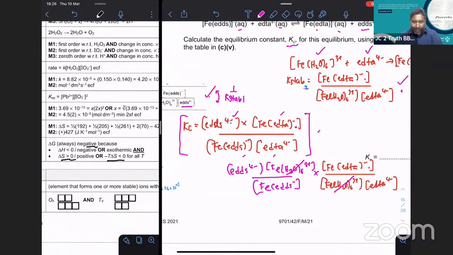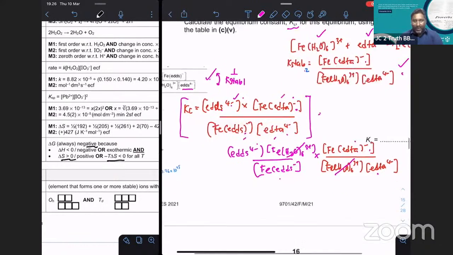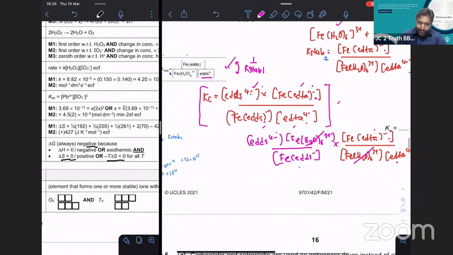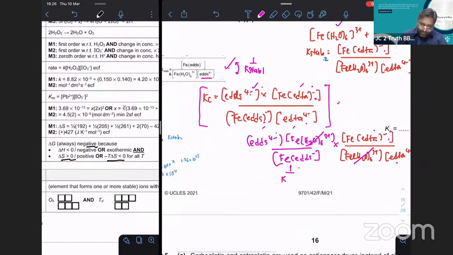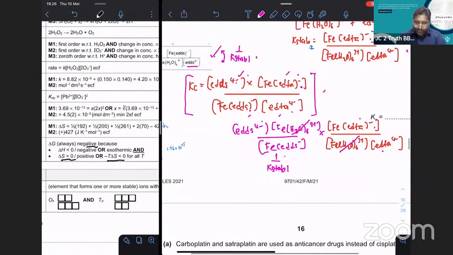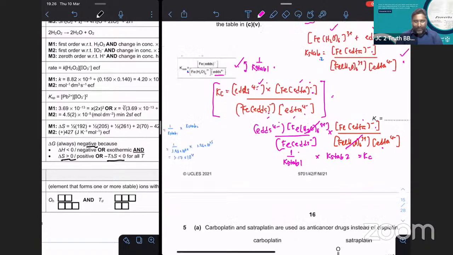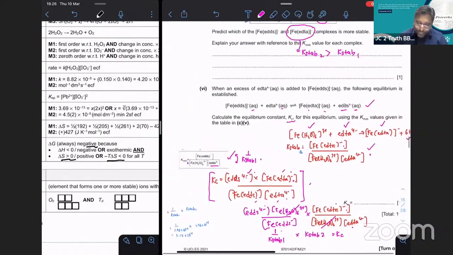And I notice I have EDDS 4 minus, I have this, and I have this. It means that in order to get Kc, this is the one that I flip. So this is going to be 1 over K step 1 times K step 2, I will get Kc.